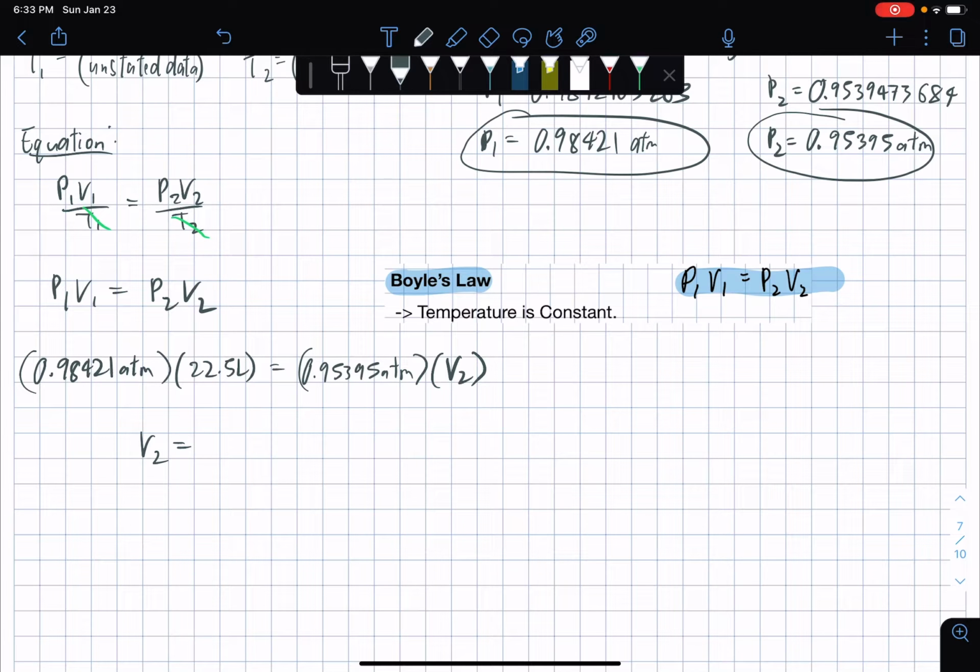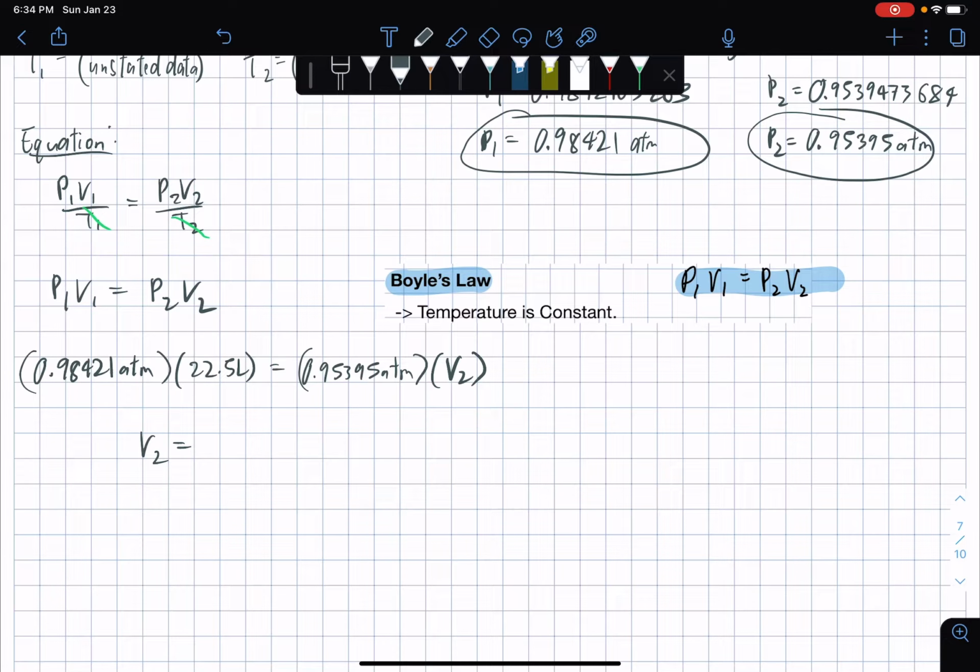Right, give me a few seconds to calculate. 0.98421 times 22.5 divided by 0.95395 atmosphere.